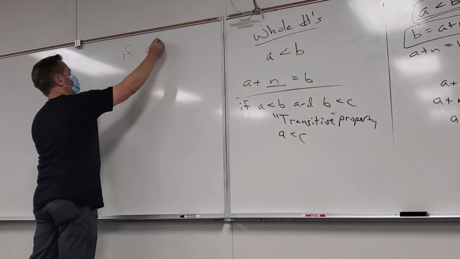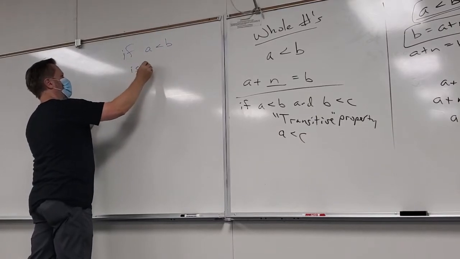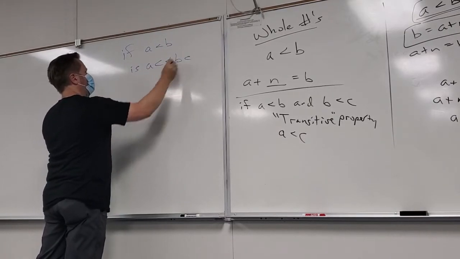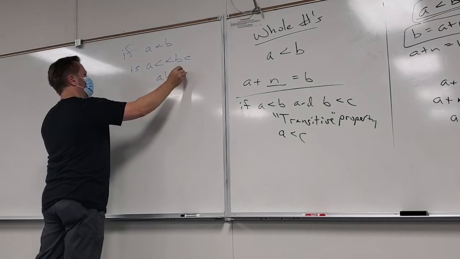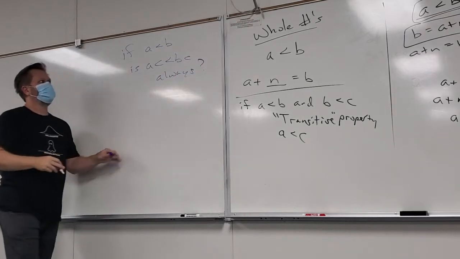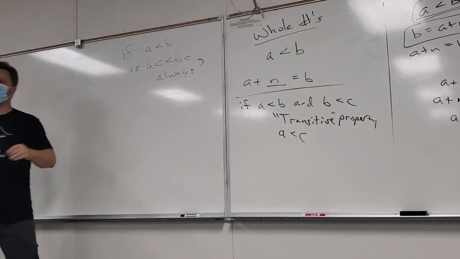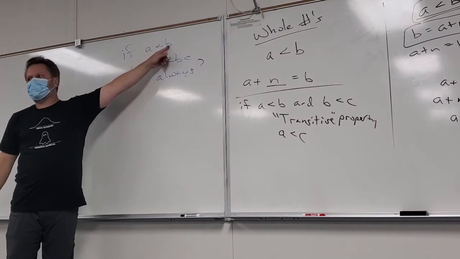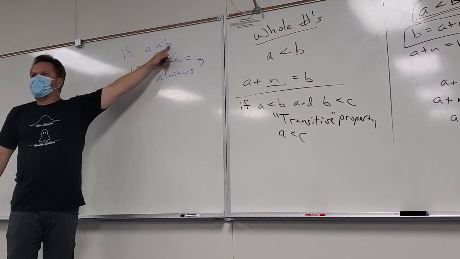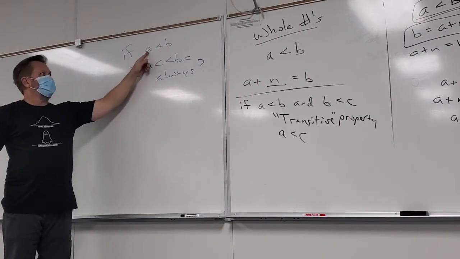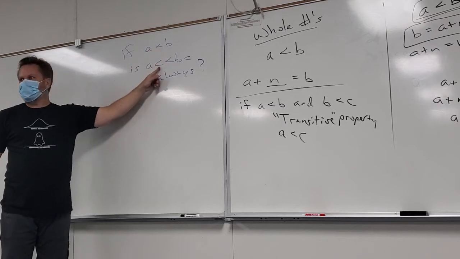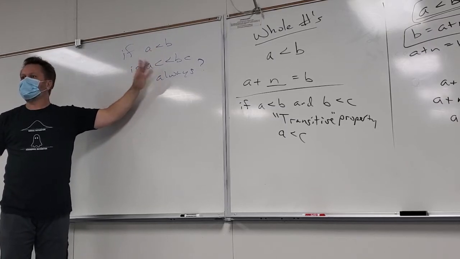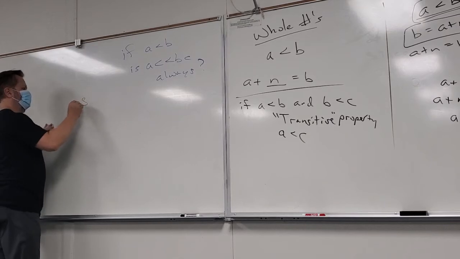If A is less than B, is AC less than BC always? If a number is less than some other number, and you multiply both numbers by the same thing. So for example, is 3 less than 4?